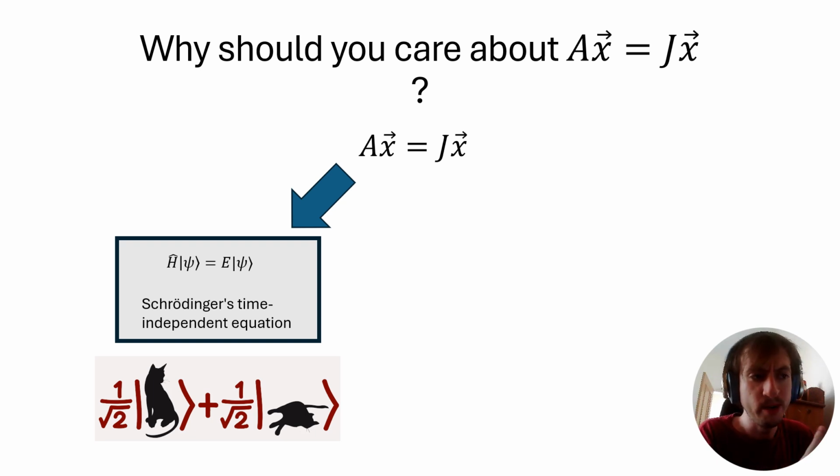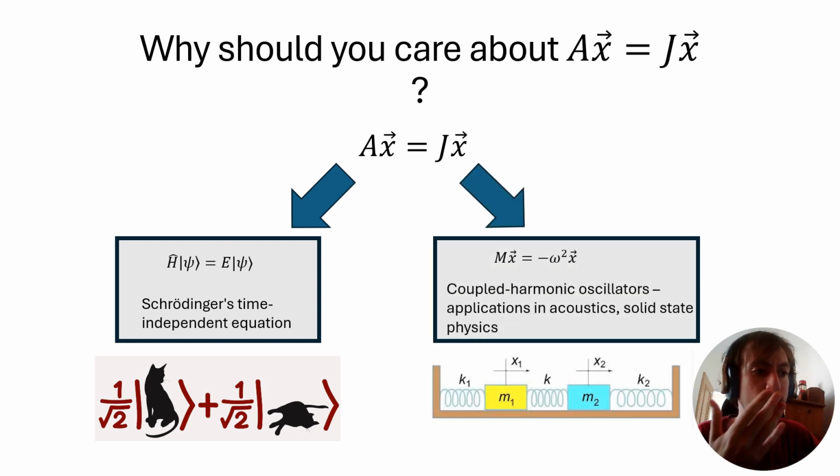But we mentioned at the start of the video a particular application. And that application is if we've got coupled harmonic oscillators. So if we've got coupled harmonic oscillators, we can use Newton's laws to work out an equation of motion for the system. And the equation of motion turns out to have the form of an eigenvalue equation.